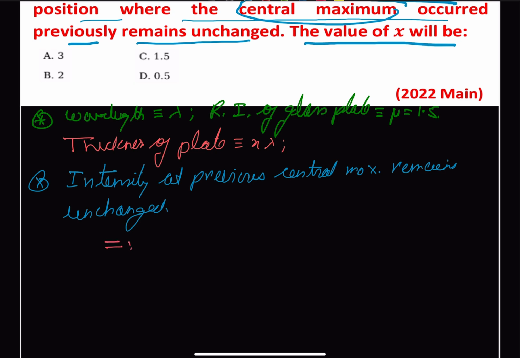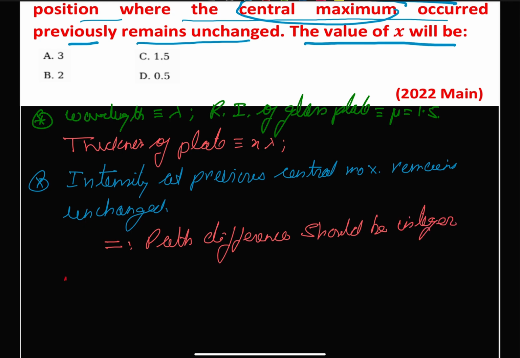We can say that the path difference should be an integer multiple of wavelength, that is n times lambda.